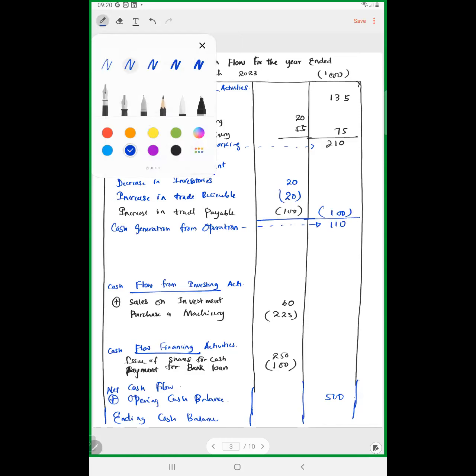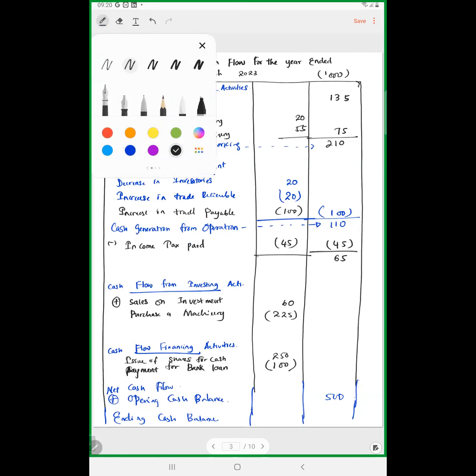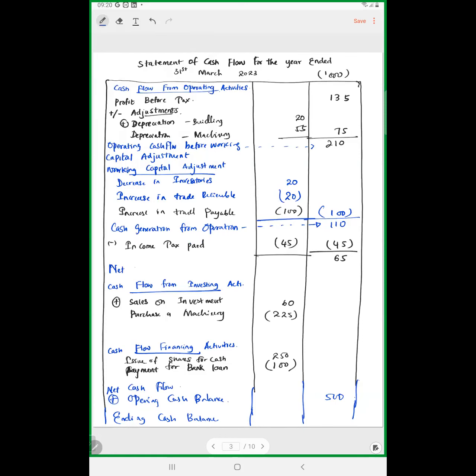Then after that we have to deduct the income tax. Income tax paid, how much? 45. We can deduct 45. It means net cash flow from operating activities, how much? 65.